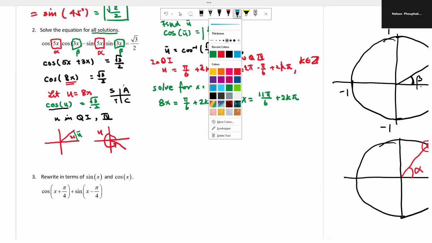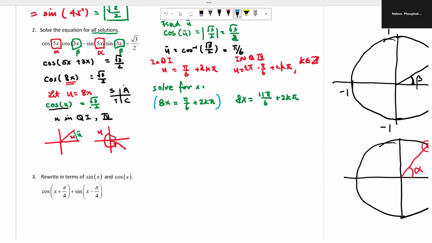What we need to do now, we would like to multiply both sides by 1 over 8. So I will have x is equal to pi over 48 plus 2k pi over 8. Same thing with this. So I have x is 11 pi over 6, 6 times 8 is 48, plus 2k pi over 8.